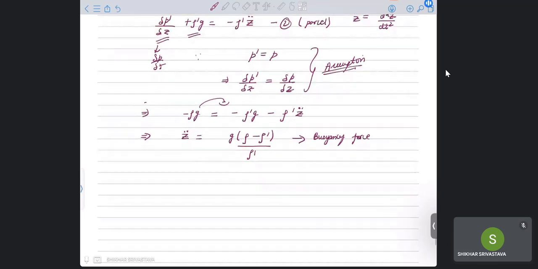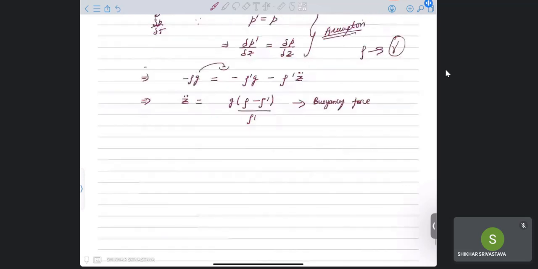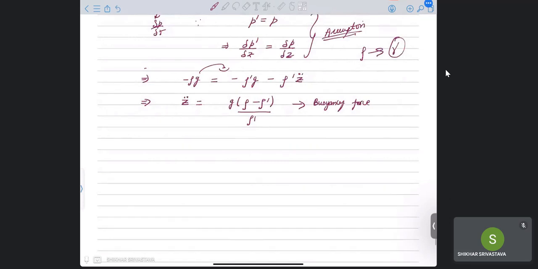Now, because we want to derive the relation in terms of the lapse rate, gamma, we have to go from rho to gamma. In order to do that, we know that from the ideal gas law, P is equal to rho RT, so P upon rho is equal to RT.